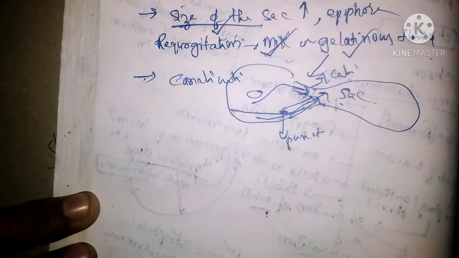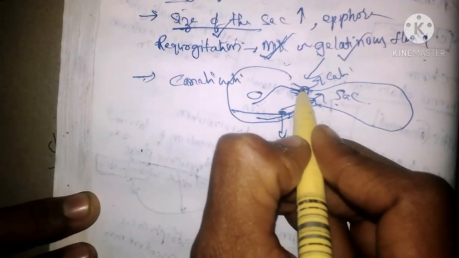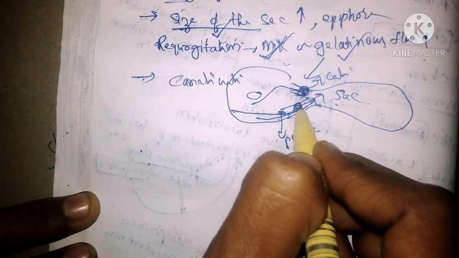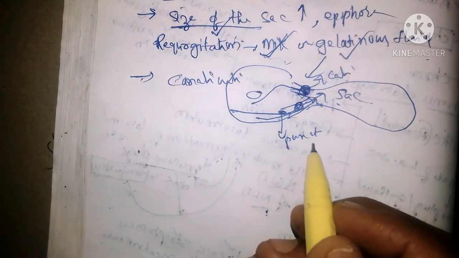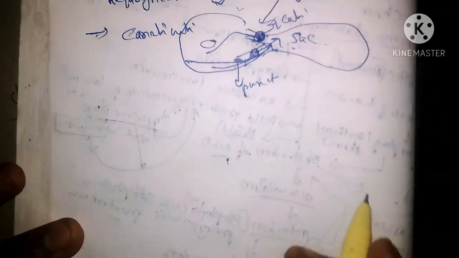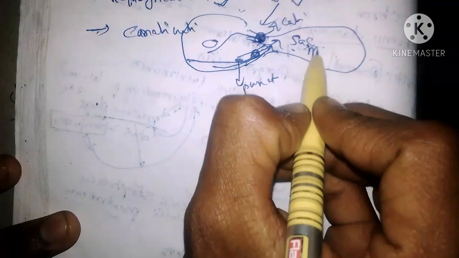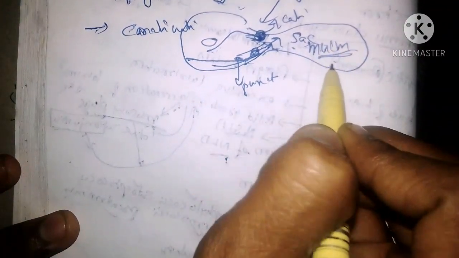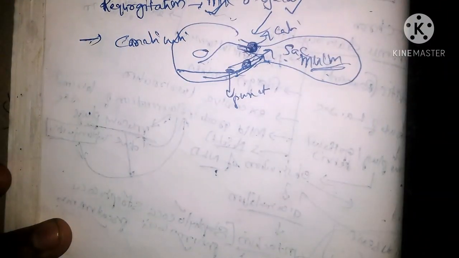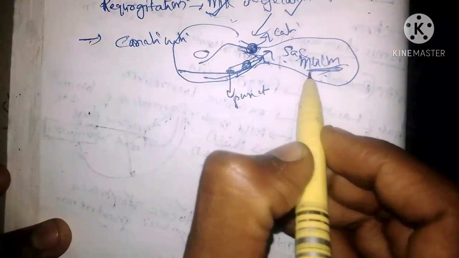Sometimes as the severity increases, the puncta will get blocked. Due to this blockage, the mucus, the secretions, whatever is there in the sac will get accumulated.